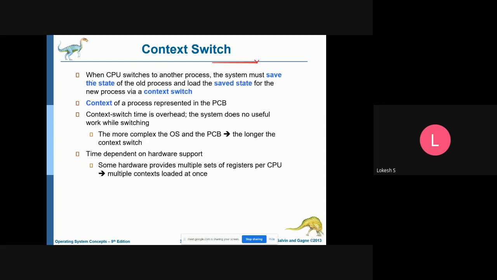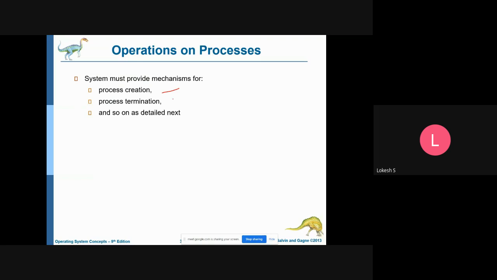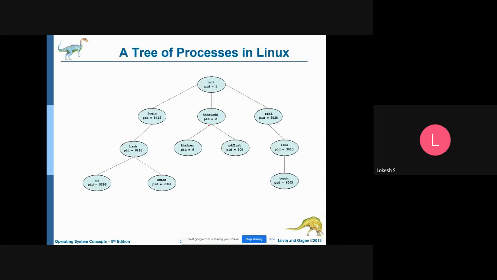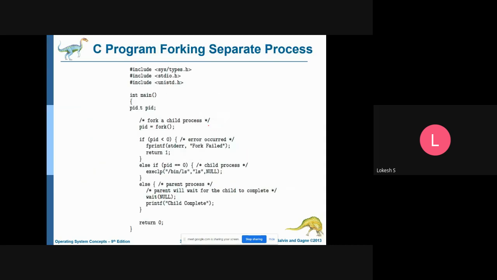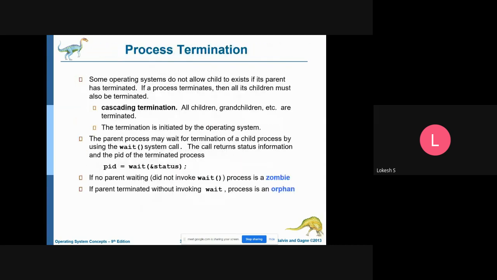When the CPU switches from one process to another process, the system must save the state of the old process, and only then will it load the new process. Then we discussed process operations like creation and termination. So likewise we have discussed the basics.